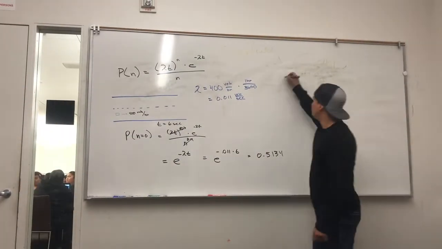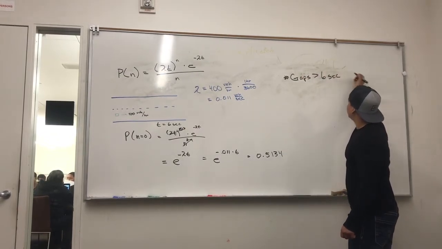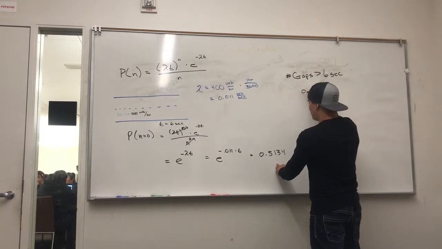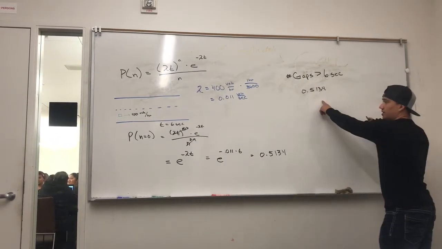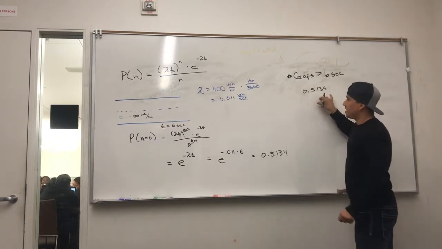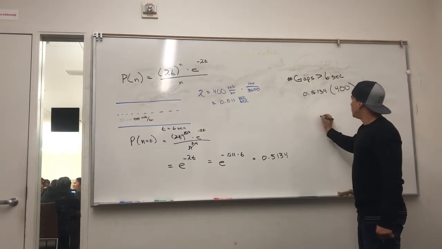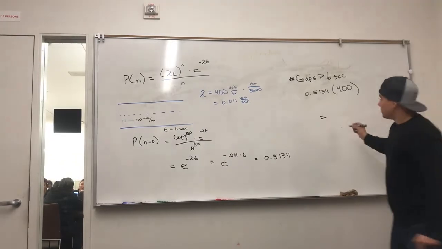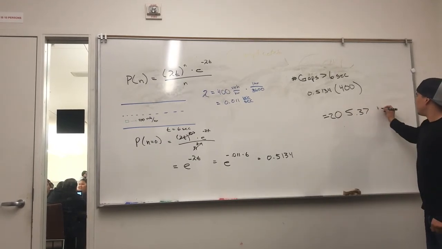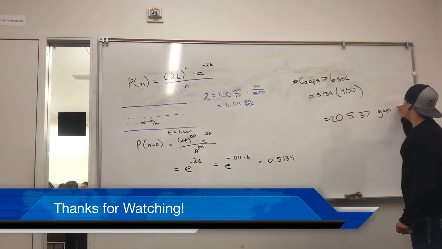So the number of gaps that will be greater than 6 seconds will equal our value here, 0.5134, multiplied by our original flow rate, in vehicles per hour, 400, which will equal 205.37 gaps per hour.